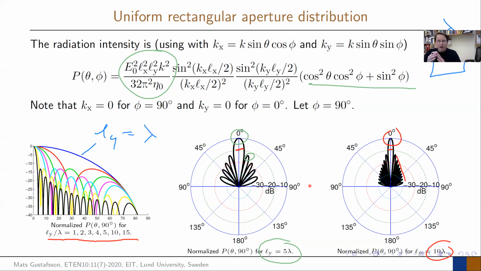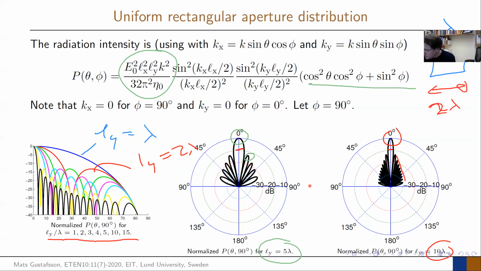And then when you make the aperture larger and larger, for example the red curve that sits here, then Ly is 2 lambda. And you can see it's starting to form a main lobe, and it starts to form the first side lobes, and of course the red one was 2 lambda in size.